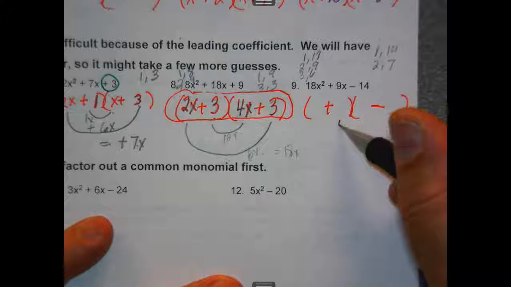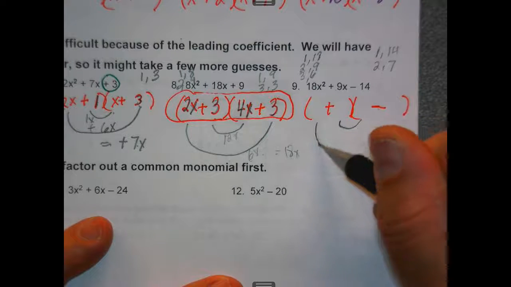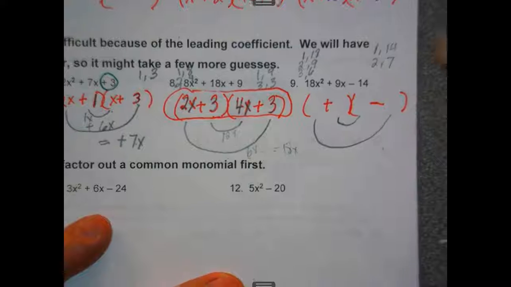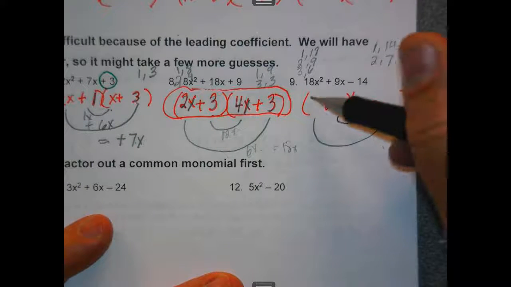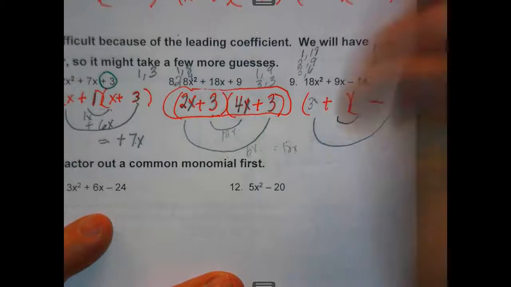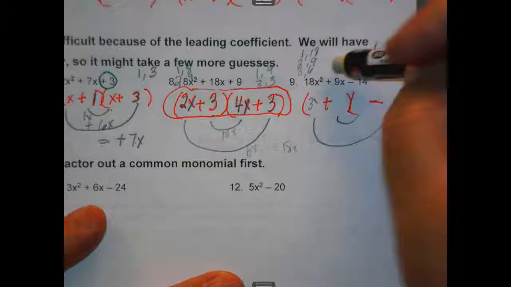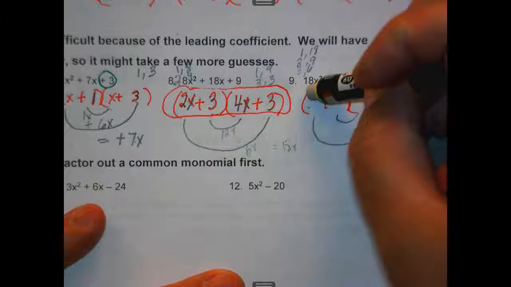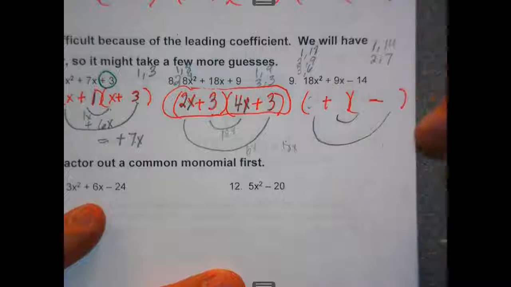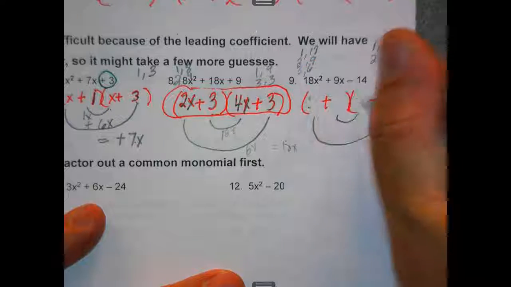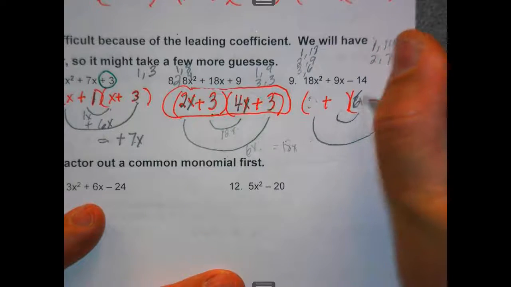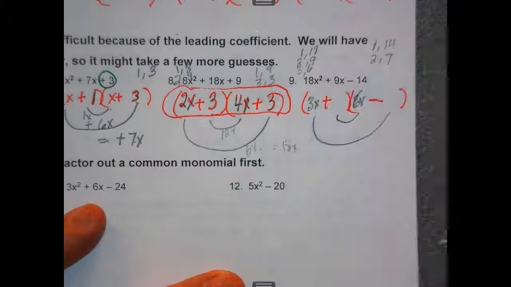Which ones? 3 and 6. 3x. I'm going to put the 6x here because we need a bigger positive. Oh, wait, no, we were good. 6x goes here, 3x. And which one did you want to use?